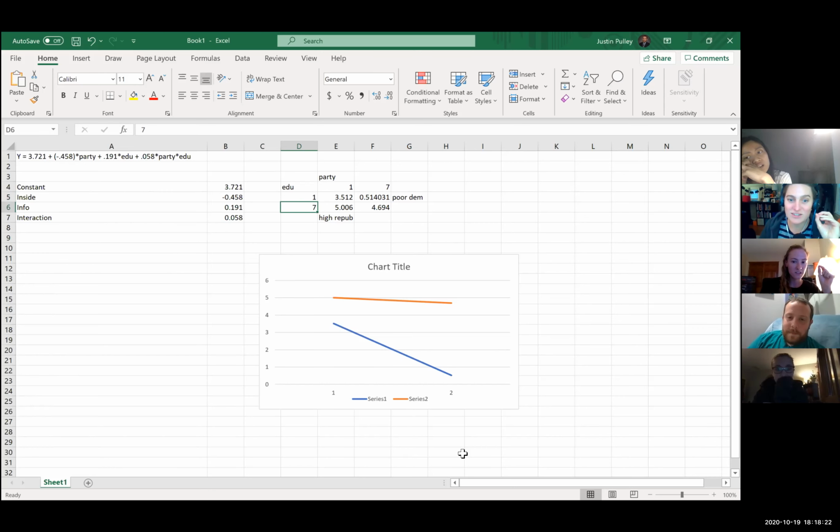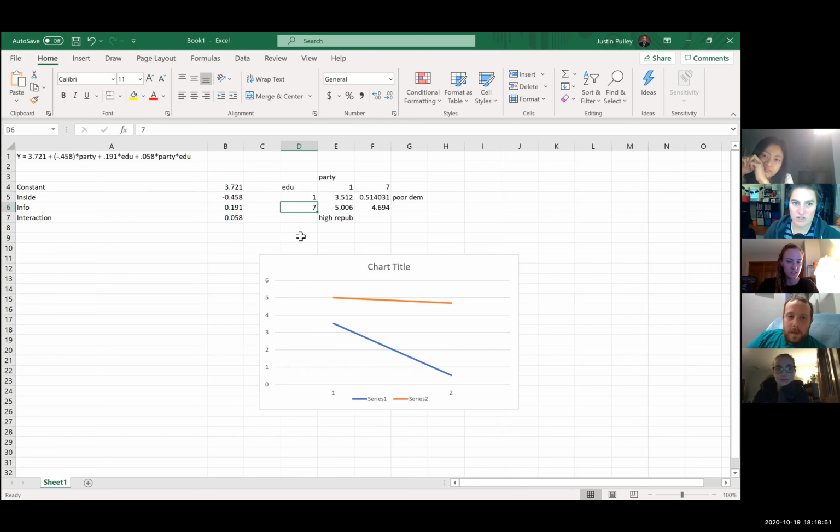Center it. Where would you center it? You'd center it at 7. Yes! You would center it at 7, because then the significance test would be about when education is 7. But which number would change? The constant would change, for sure.